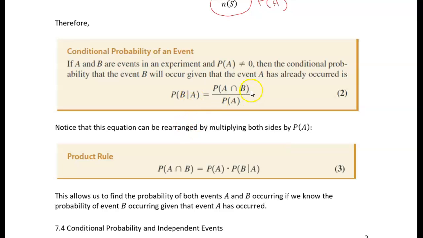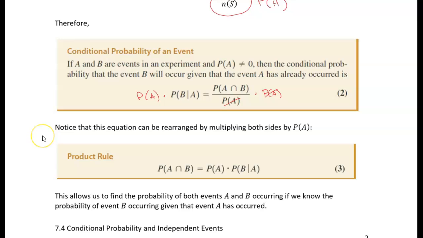If I multiply both sides of this equation by the probability of A, then the probability of A divided by the probability of A just cancels out. So that's where it's coming from. It's just rearranging the equation that we just got. But these two are important results. These allow us to work with probabilities in a very nice way. We can use this product rule.